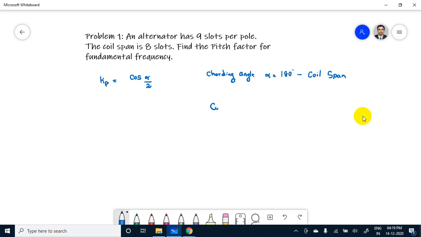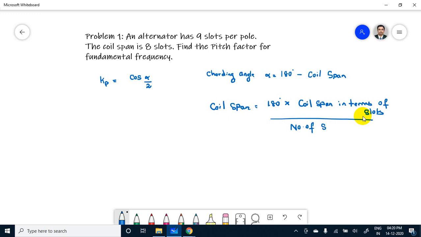The formula for coil span is equal to 180° into coil span in terms of slots, whole divided by number of slots per pole.